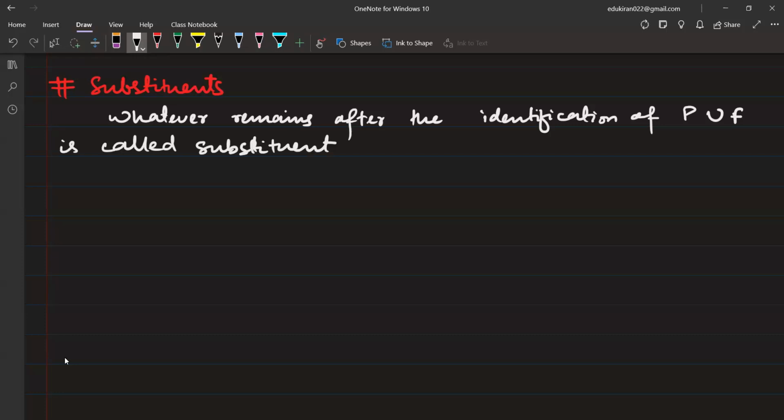Now, if I talk about substituent, I will give you an example. For example, you have some structure like this.